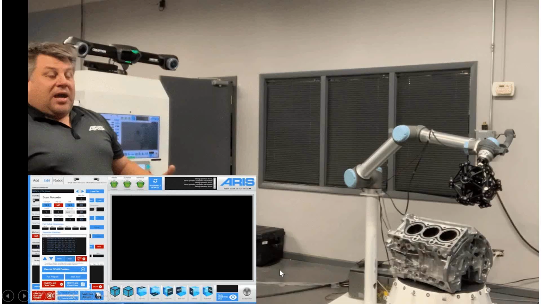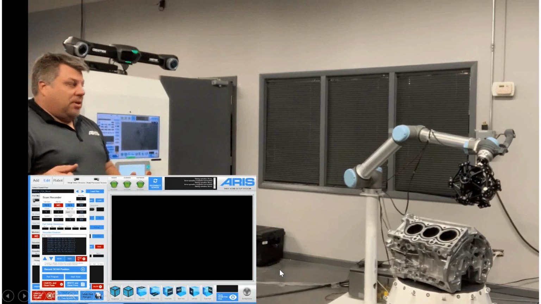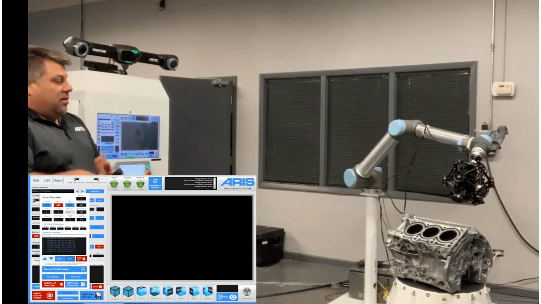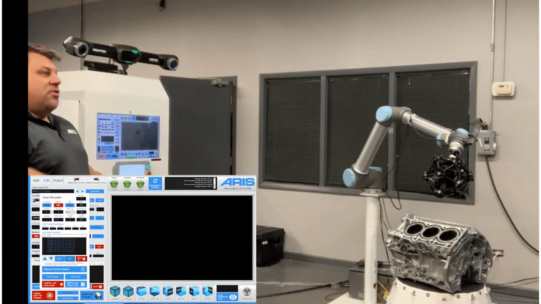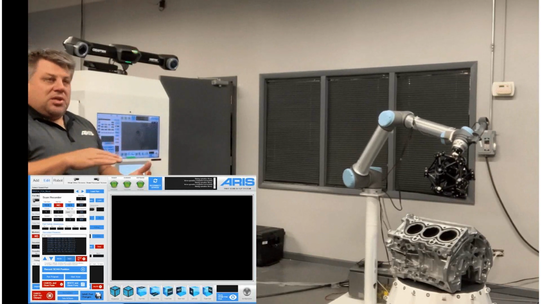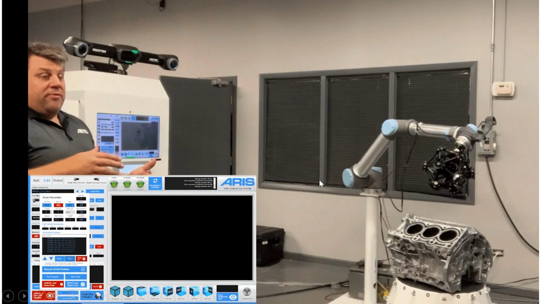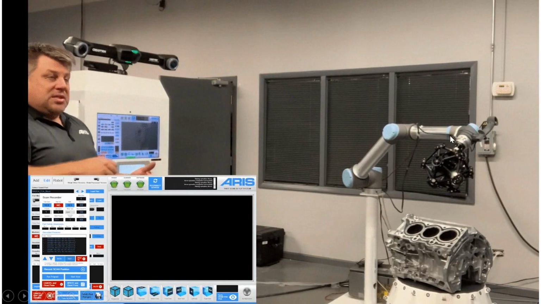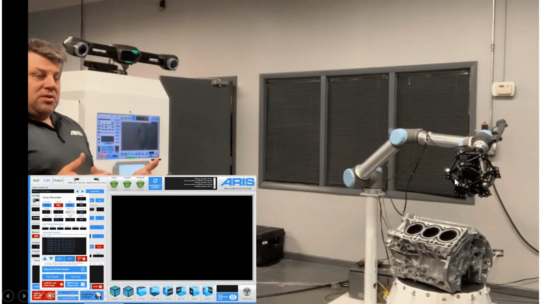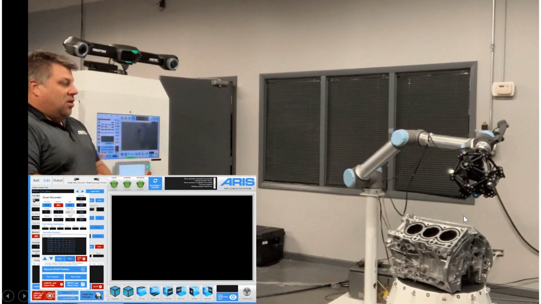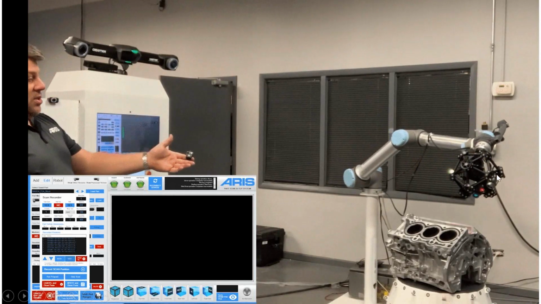This next thing I want to show you is kind of away from CT scanning, but we are doing a project where we are 3D scanning die castings. This is a cobot, this device here, and we've got a 3D scanner unit on this. And in just a second or so, you're going to see lasers come on.